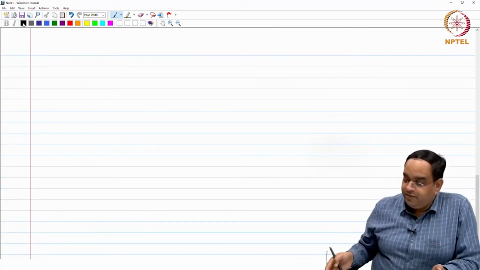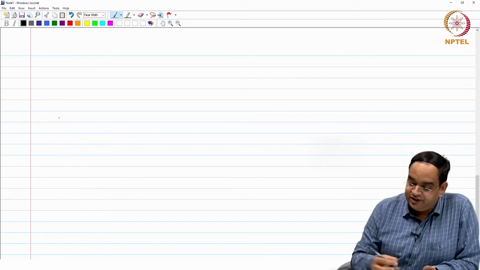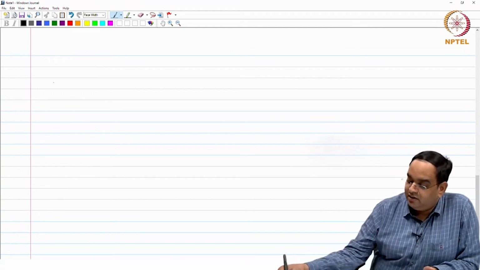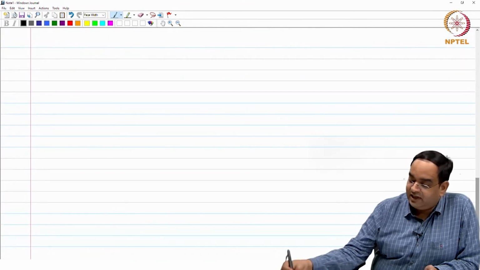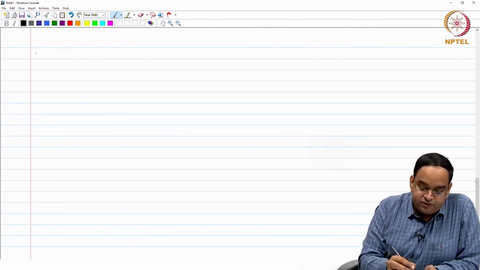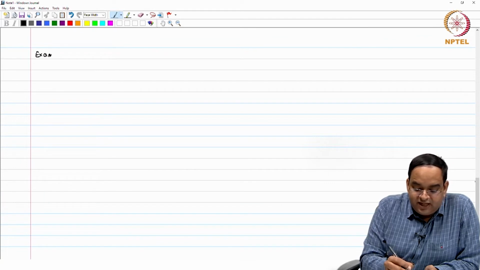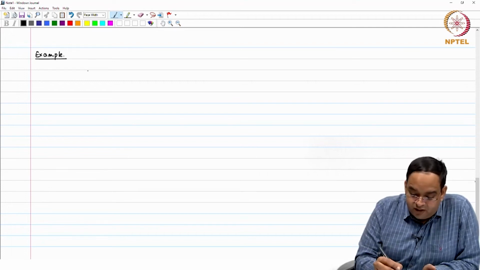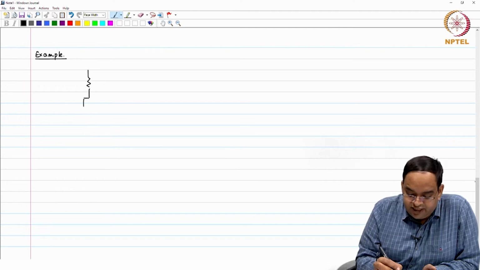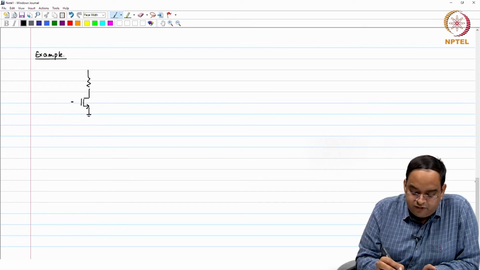The example I am going to choose is based on this loop gain and the angle of the loop gain only, and the Barkhausen criterion. So let us do that. A simple example is a ring oscillator. Why we call it a ring, you will see. I have a simple common source amplifier, designed with the help of a MOSFET, R and C components.